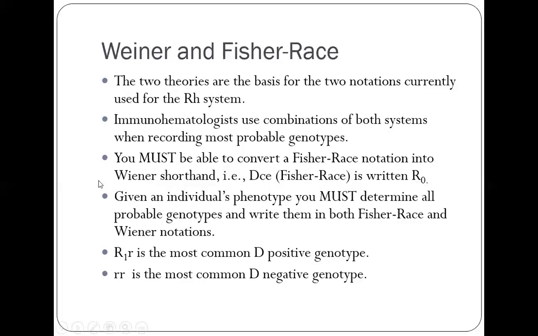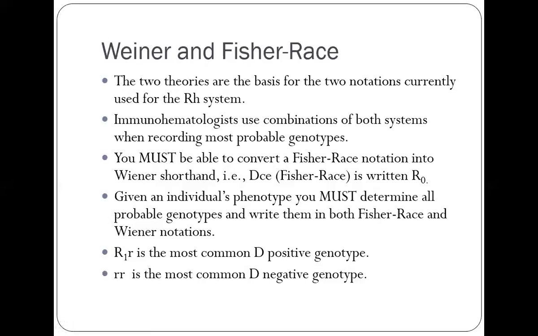So given an individual's phenotype, again, we must be able to determine all the probable genotypes and write them in both different notations. So one thing I just wanted to mention here, but I'll reiterate it again in a little bit, is that R1R is the most common D-positive genotype, and little r is the most common D-negative genotype.